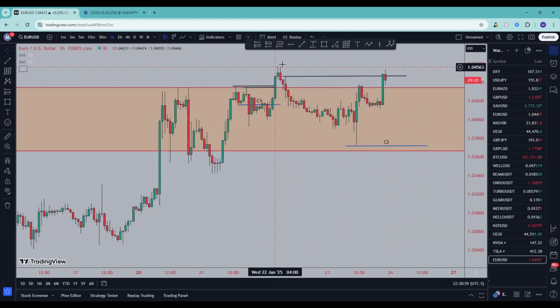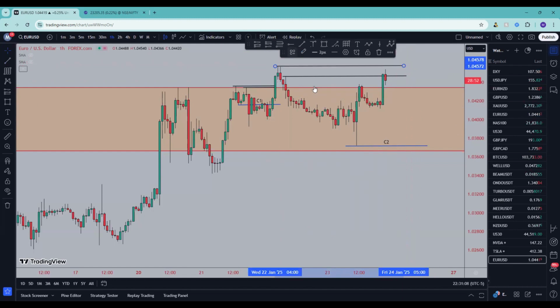It can even take out this high because there's liquidity there too. There are buy orders there that it can take away, trigger those buy orders and distribute to the downside.